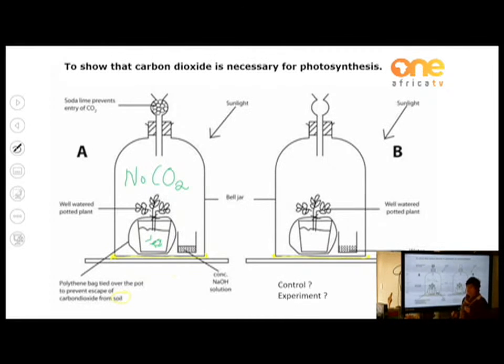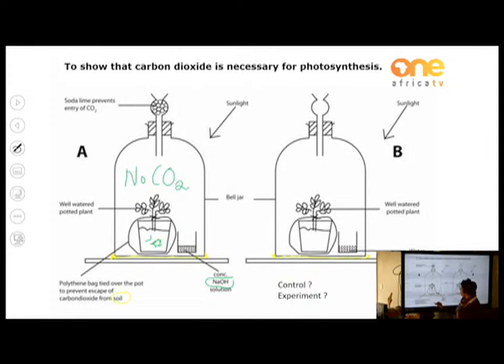I think that this is then the experiment, because our book says the experiment is where I have all the necessary factors for photosynthesis except the one being under investigation. Okay, so now I want you to concentrate on why I put in sodium hydroxide.